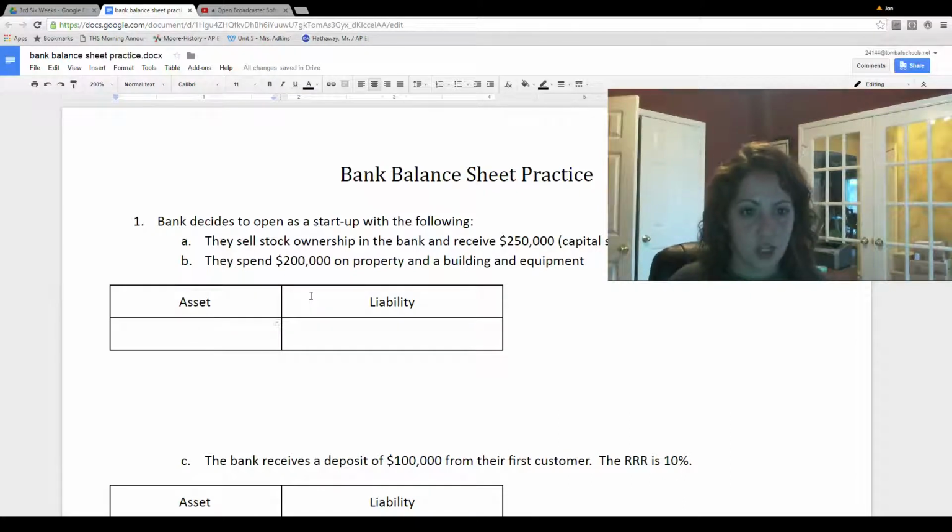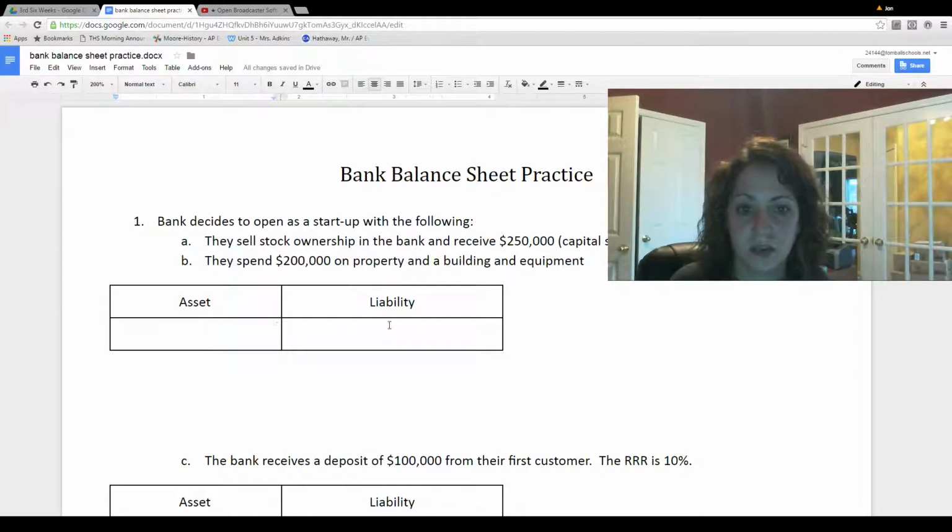So a bank decides to open as a startup with the following. They sell stock ownership in the bank and receive 250K of capital stock. Basically the bank is selling portions of the company off. If one person buys this $250,000 stock, they're the only shareholder.